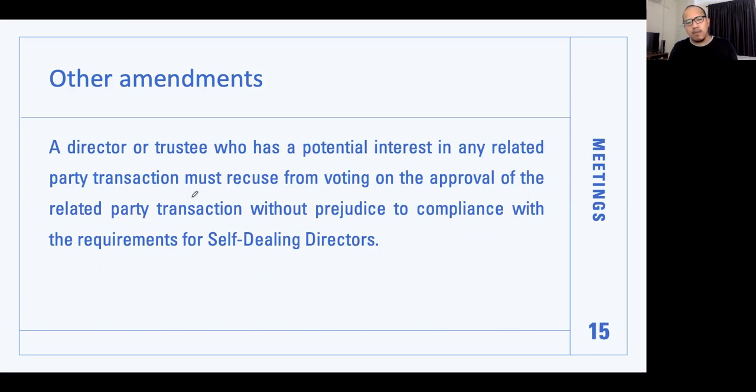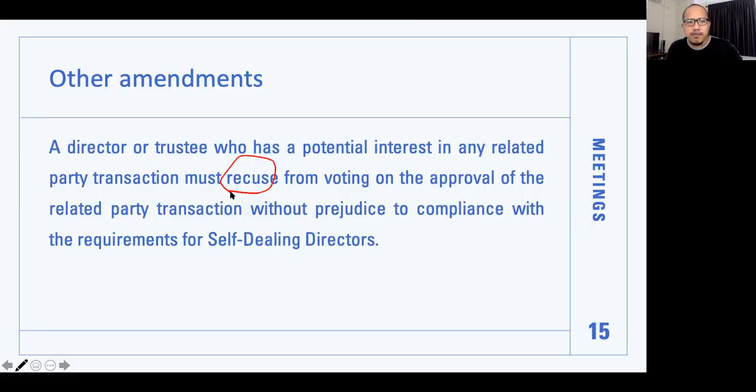We have discussed that before. For the self-dealing director, we have questions: is his presence required to constitute a quorum, is his vote required for the approval of the proposal of the contract? But the best thing to do is to recuse, to inhibit yourself. I will not participate in this transaction since I am a party to it.